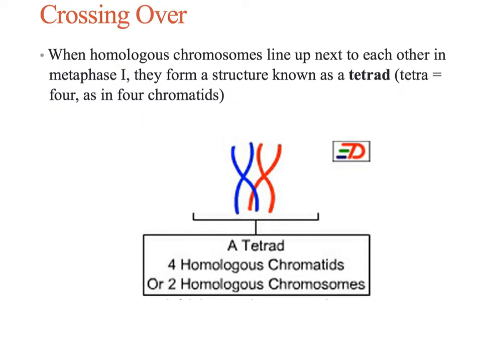So here is a crossing over picture for you. Technically anaphase is when most of it will occur, but it can also happen in metaphase, like I said. During the first division of meiosis, the chromosomes are so close to each other that they can join together to create a tetrad. And when they do that, they can swap pieces.